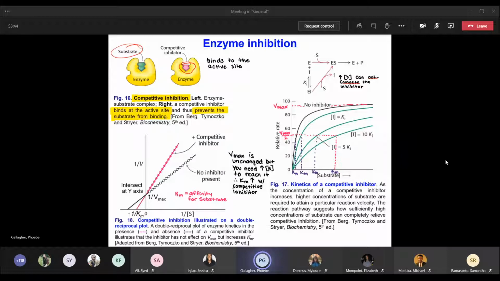You'll see that the Km value changes because now your slope is not as steep. And so for this line to reach half Vmax, the Km is going to be larger. That is essentially showing you that a larger Km means there is a lower affinity for the substrate.